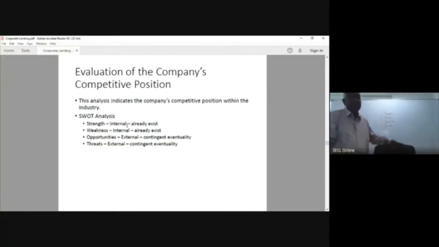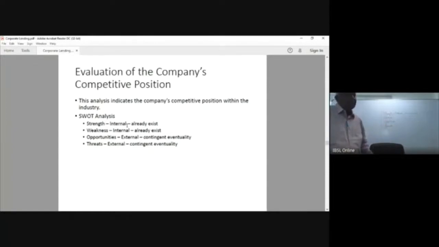When we say strength, it is internal to the company. Already existing. It is there. Already exists. Similarly, weakness is also internal to the company. That also already exists.